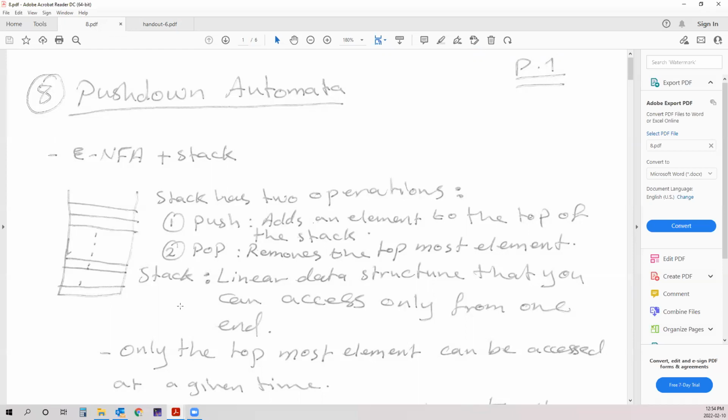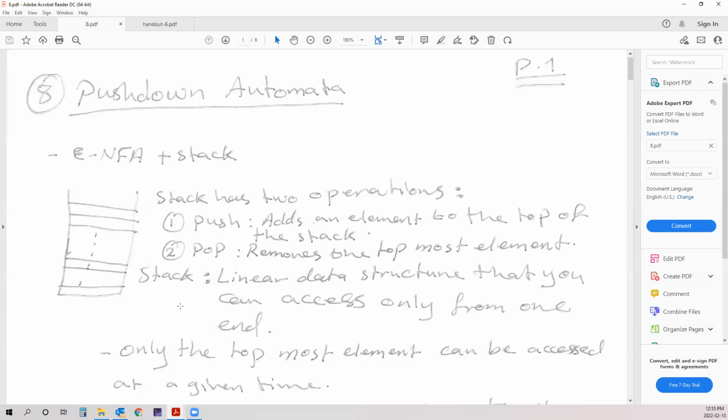Pushdown automata: epsilon-NFA plus a stack. This is what it consists of: an epsilon non-deterministic finite automaton, plus now we have a stack. The combination of epsilon-NFA and the stack is called a pushdown automaton. A stack has 2 operations, push and pop. Push will add an element to the top of the stack.